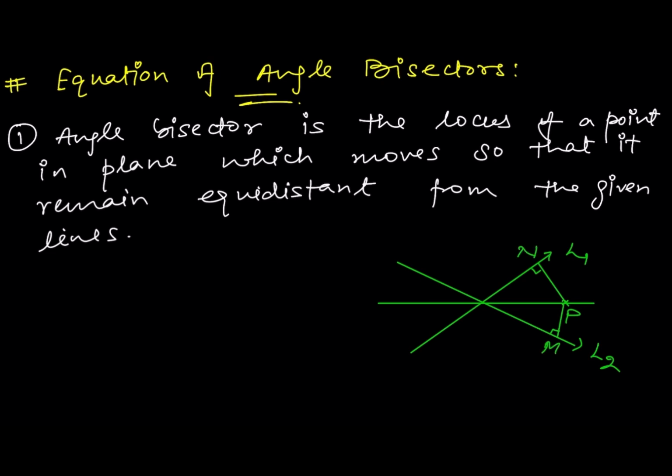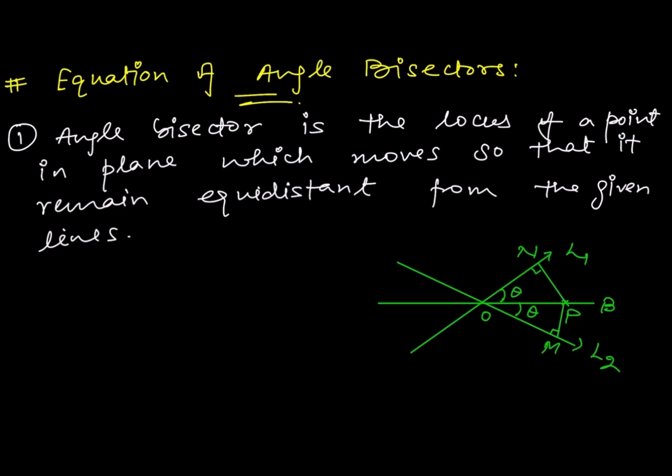Why are PM and PN equal? I can prove this by using congruency. As this is angle bisector, so this is theta and this is also theta. I'm taking triangle PON and POM.